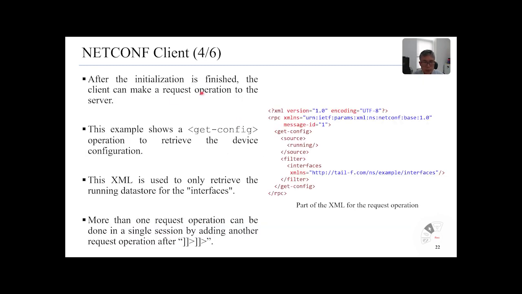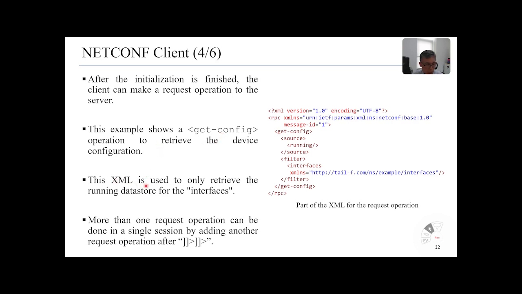After initialization, this is the actual request operation, get-config. Our goal is to get interface information, right? So this is the XML namespace. So we can get the configuration using get-config.